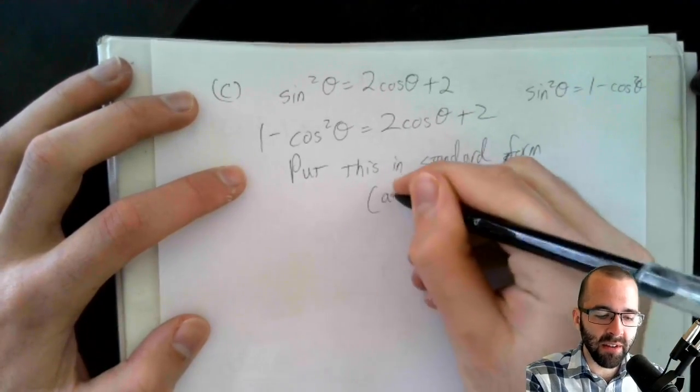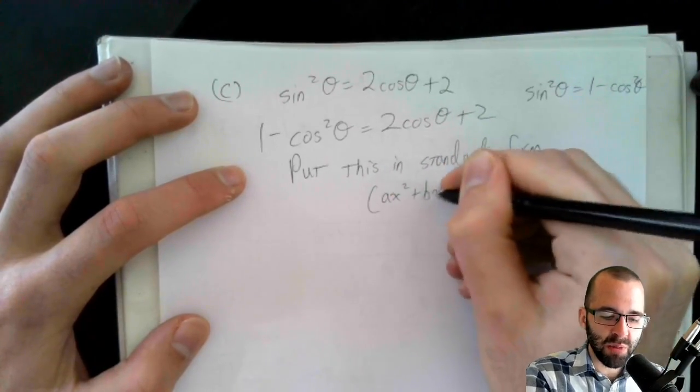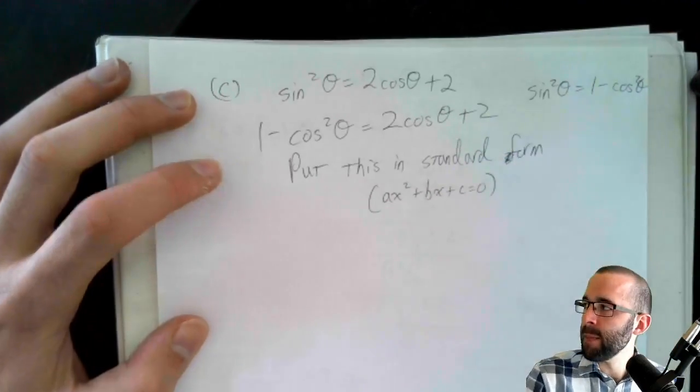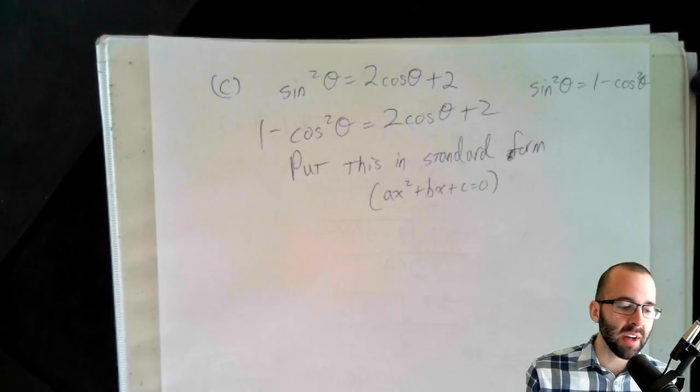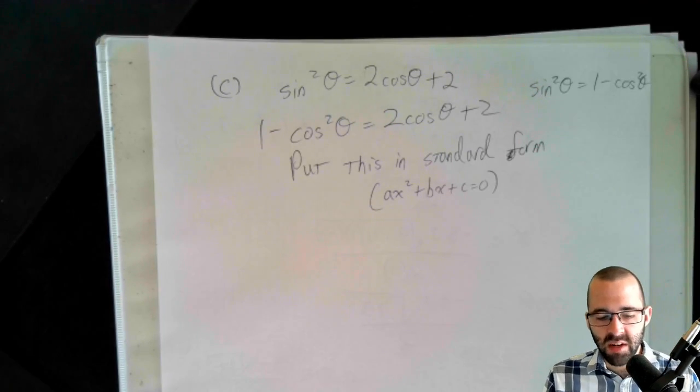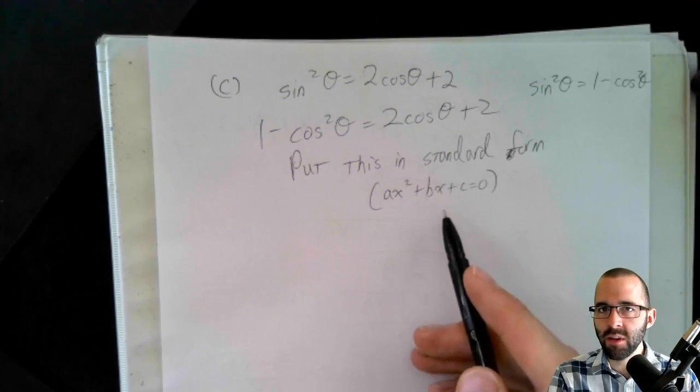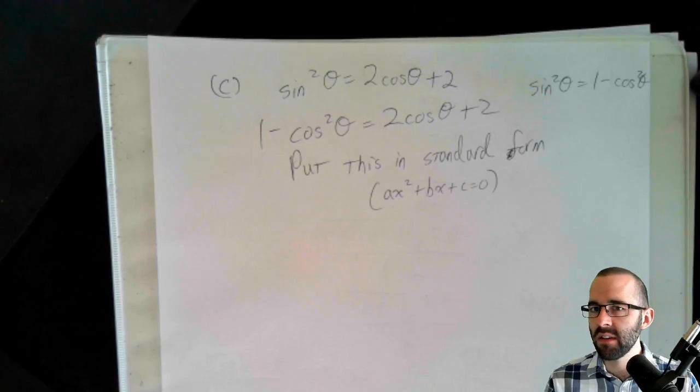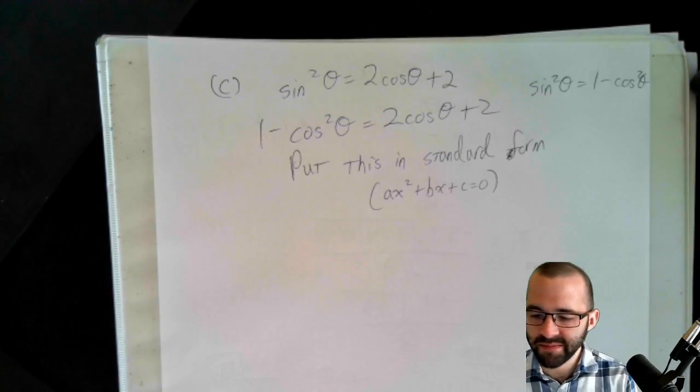Standard form is ax squared plus bx plus c equals 0. We don't have time to go through the trig again, but we've done the trig a few times and it'll be the same. Put it in this form and you'll either factor or use the quadratic formula.